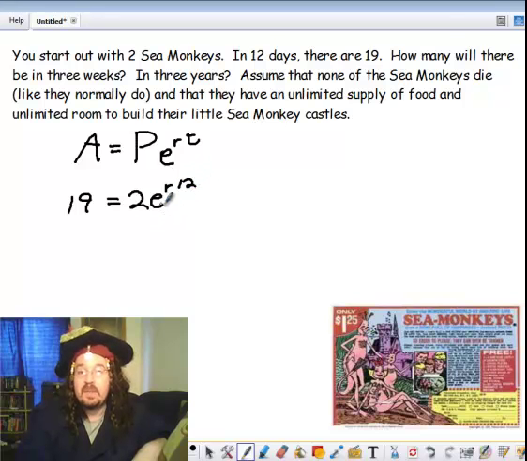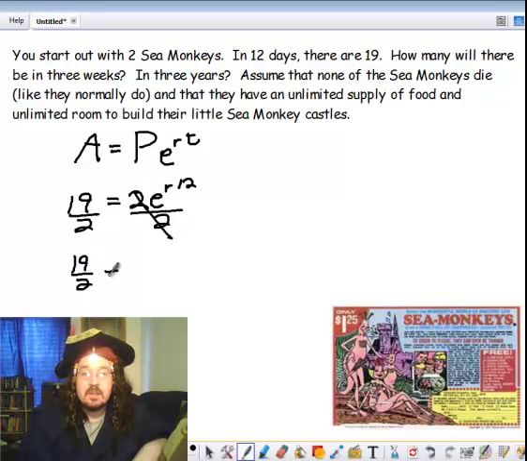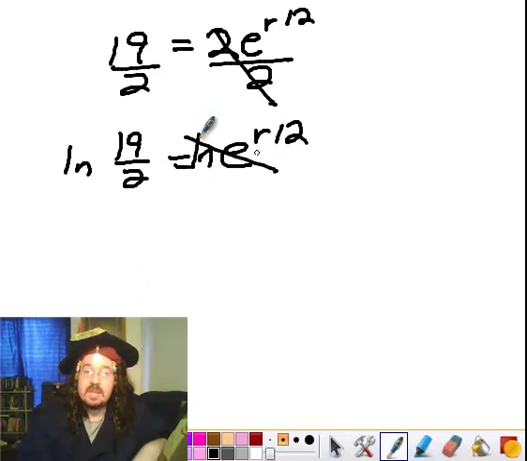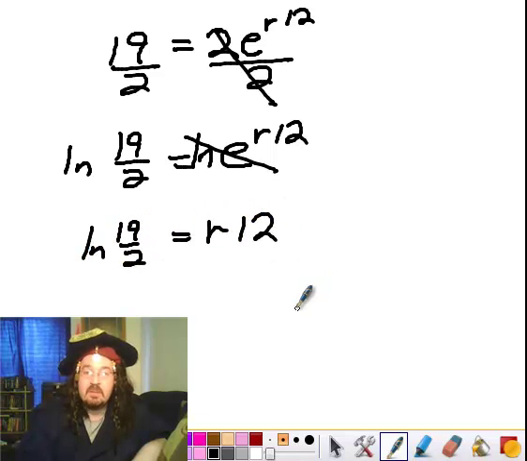And I need to solve this for r. So divide, and then take the natural logarithm. So take the natural logarithm, those cancel. I get ln 19 over 2 equals r times 12.